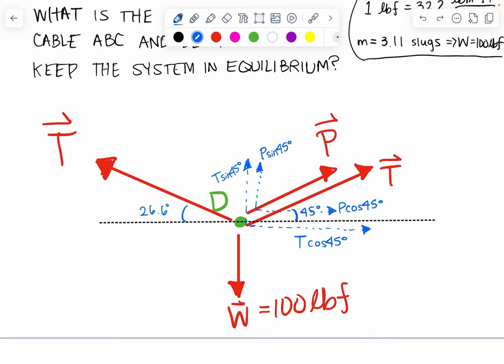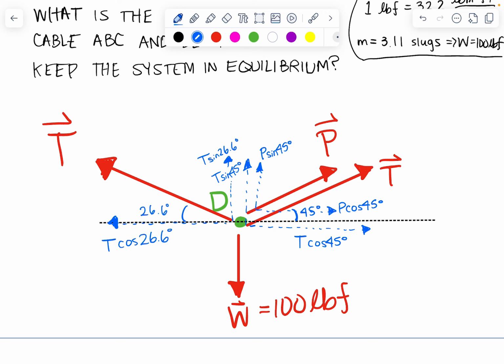And then t, I've got a component pointing in the negative x direction, and the magnitude of that is t cosine 26.6 degrees. And then I've got a y component that's also acting up, and this one is t times the sine of 26.6 degrees.